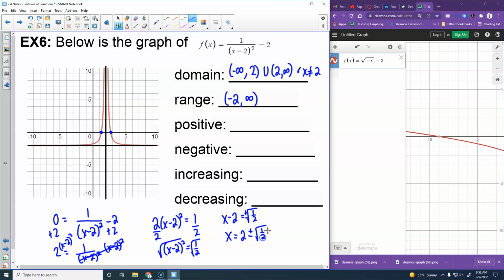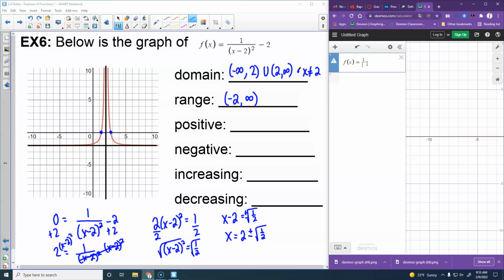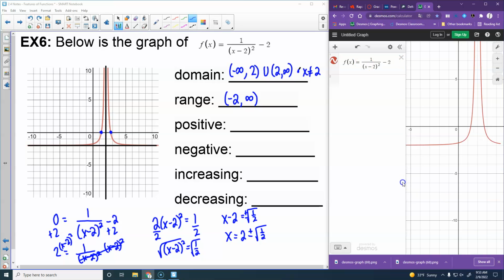I'm probably not going to give that to you where you've got to solve it by hand. Not that you shouldn't be able to do that, because that is something you should be able to do. It's just not my main focus of what we're doing right here, so I don't want to overcomplicate it. So I would probably either label it for you or let you use Desmos if you saw that.